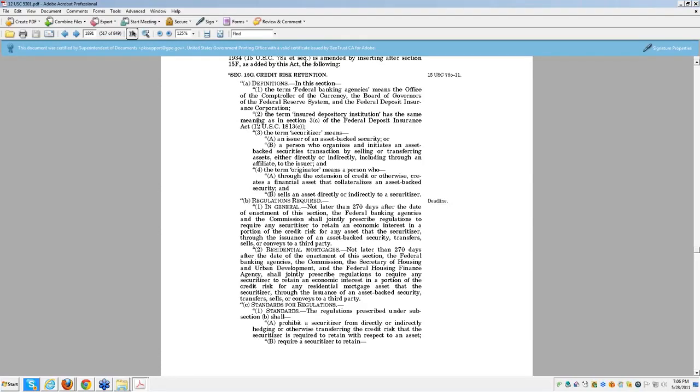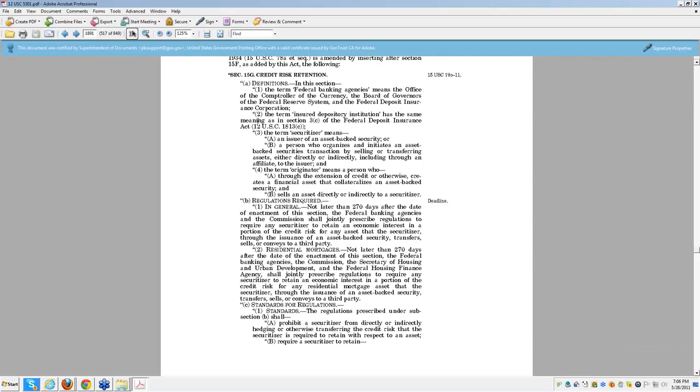Number 2, residential mortgages. Not later than 270 days after the date of the enactment of this section, the federal banking agencies, the Commission, the Secretary of Housing and Urban Development, and the Federal Housing Finance Agency shall jointly prescribe regulations to require any securitizer to retain an economic interest in a portion of the credit risk for any residential mortgage asset that the securitizer, through the issuance of an asset-backed security, transfers, sells, or conveys to a third party.